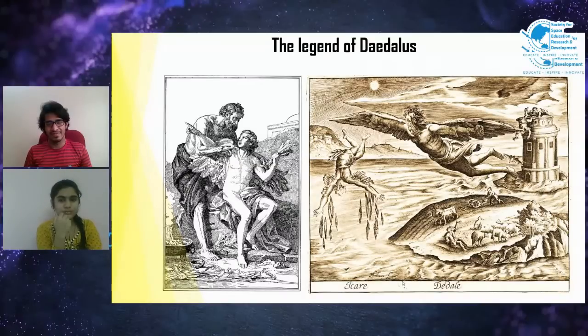Many years ago, Daedalus and his son Icarus were trapped on an island. They were disheartened as they wouldn't be able to go back home. They were lying on the sand near the sea, and Daedalus saw a bird flying over him.